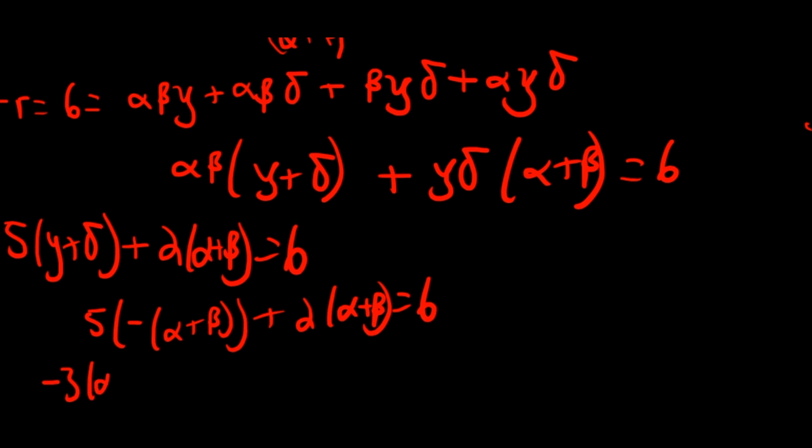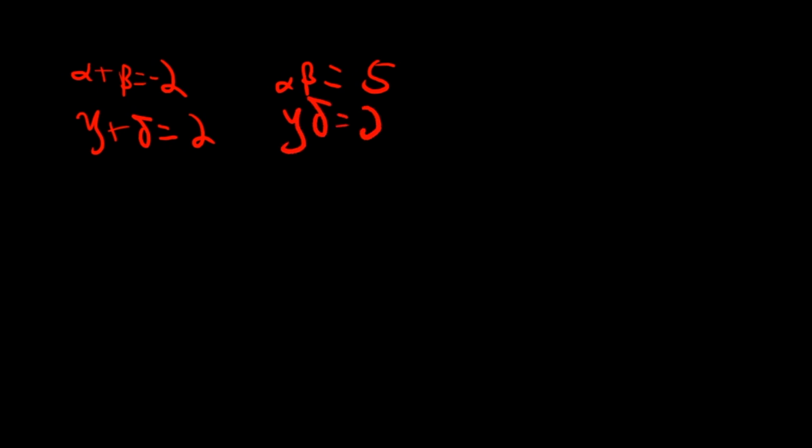So minus 3 times alpha plus beta is equal to 6, and so alpha plus beta is equal to minus 2, and hence gamma plus delta is equal to 2. Okay, so now we know that alpha plus beta is equal to minus 2, and that alpha beta is equal to 5. And we know that gamma plus delta is equal to 2, and that gamma delta is equal to 2. So now we can solve simultaneously for alpha, beta, gamma, and delta.